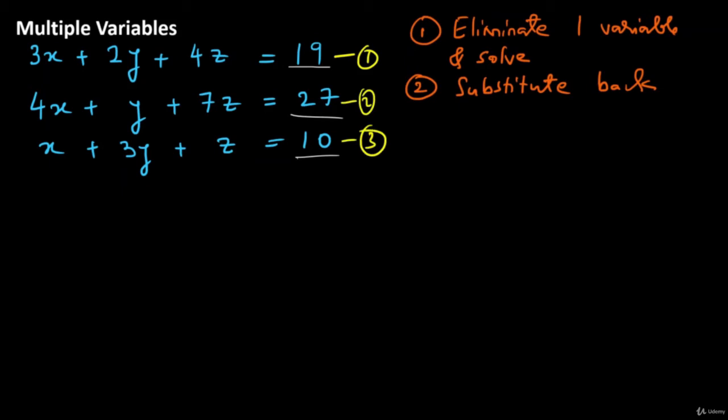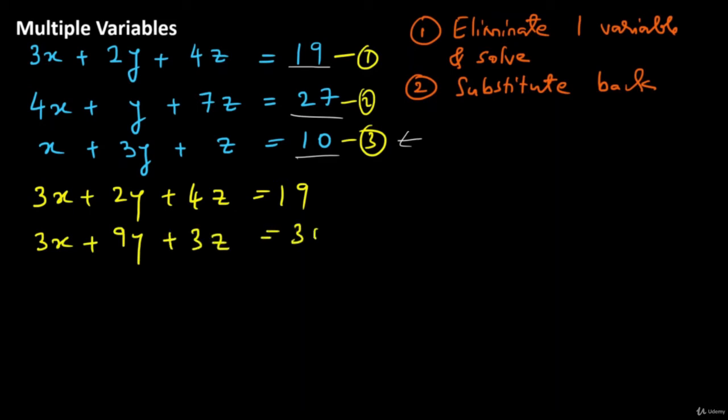Alright, now equation 1 is 3x plus 2y plus 4z is equal to 19. Now let me take equation 3 and multiply throughout with 3. So I'm multiplying the left hand side and the right hand side with 3. So I get 3x plus 9y plus 3z is equal to 30. Alright, now let's do a minus b.